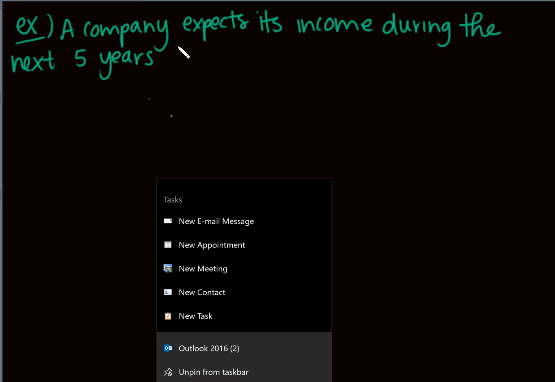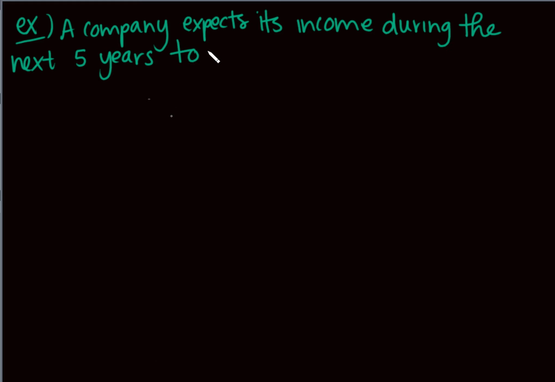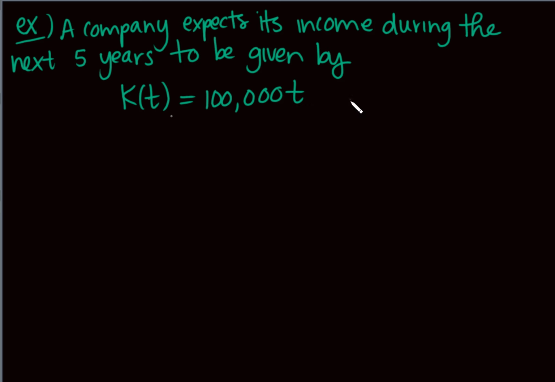If you look at this equation, it really says the company expects its income to grow $100,000 per year. It's continuously growing now.